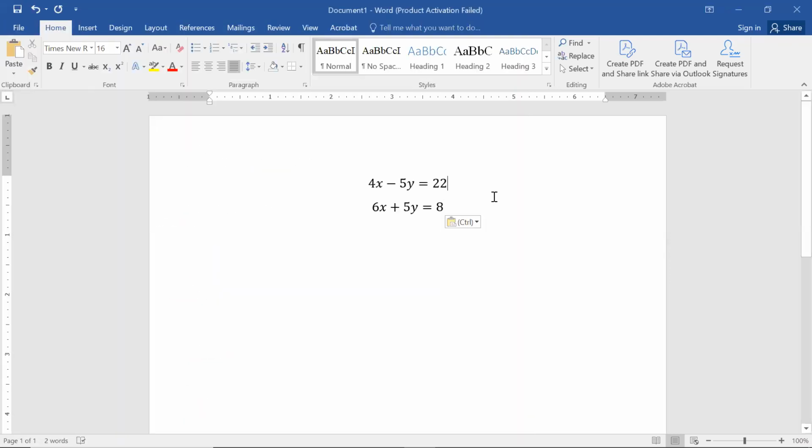And we already have opposite coefficients on the y's. In fact, let me just write that down. Opposite coefficients on the y's. So that's already good. Since we have opposite coefficients on the y's, we're going to add the equations together, keeping the equal sign in its place.